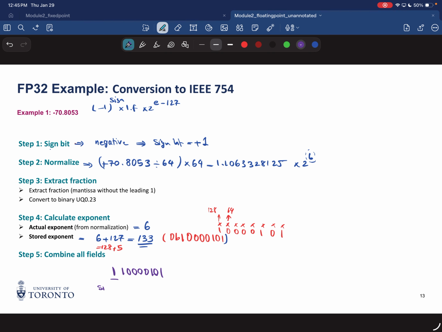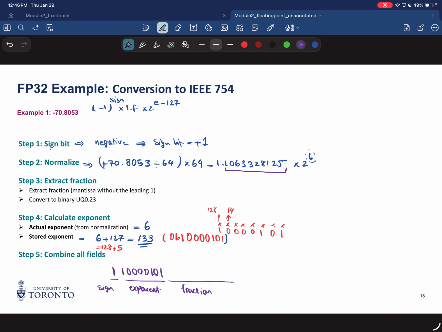So sign, exponent, and then we need to find the fraction. Okay? So for fraction, again, everything is unsigned. Very easy. For our fraction, we extract the 1. This is all we care about.